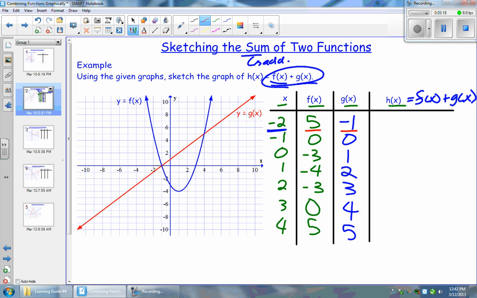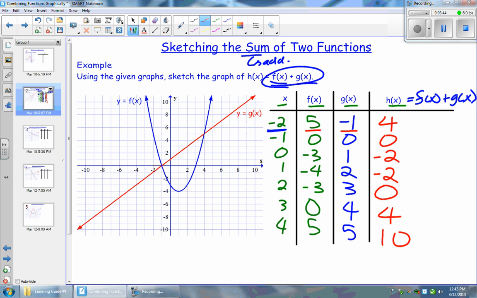So if I add 5 plus -1, I get +4. 0 plus 0 gives me 0. -3 plus 1 gives you -2. -4 plus 2 gives you -2. -3 plus 3 gives you 0. 0 plus 4 is +4. And finally, the last point is 10. So there are my corresponding y values on the h of x function.